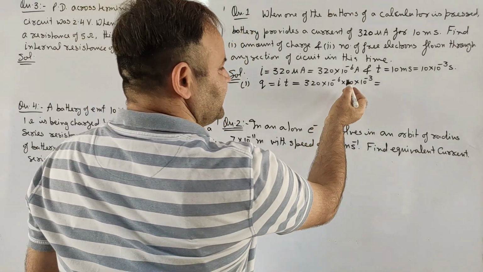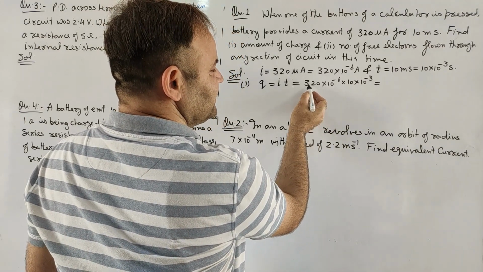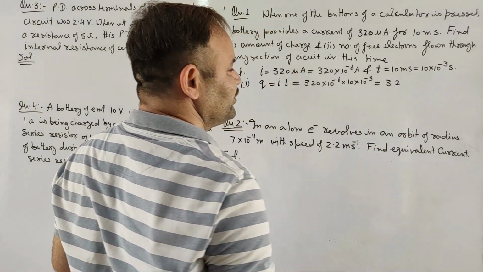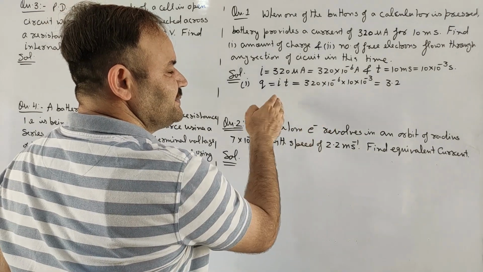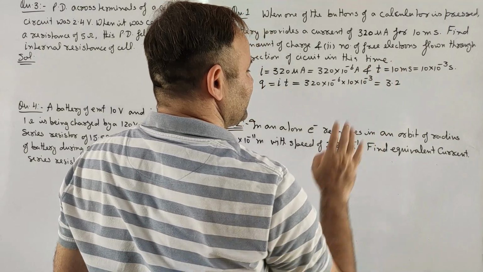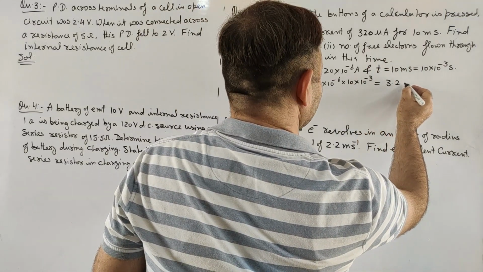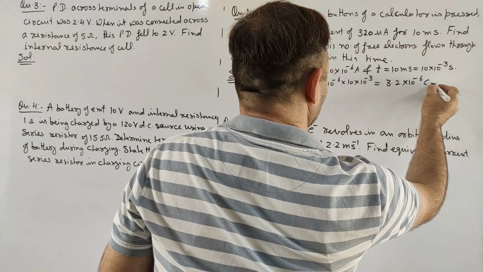Then 10 into 320 is 3200. If we put the decimal after 3, 3.200, it means we have brought the decimal 3 places towards the left. So 10 to the power minus 3 will be over, and it will be 3.2 into 10 to the power minus 6 coulomb.